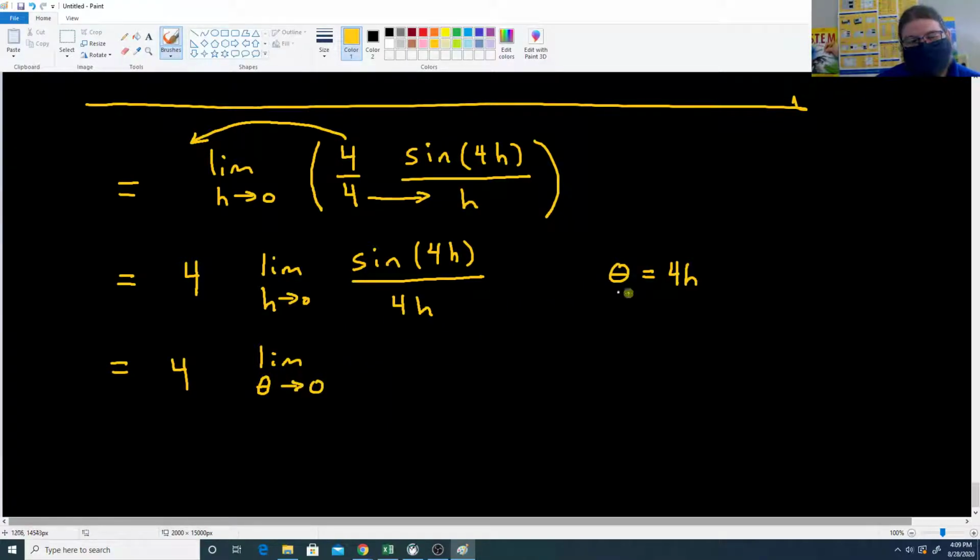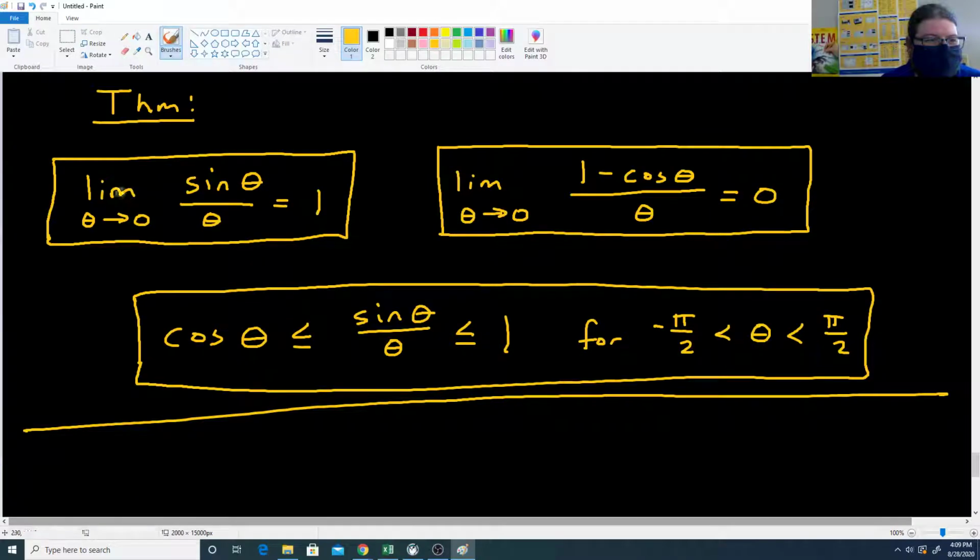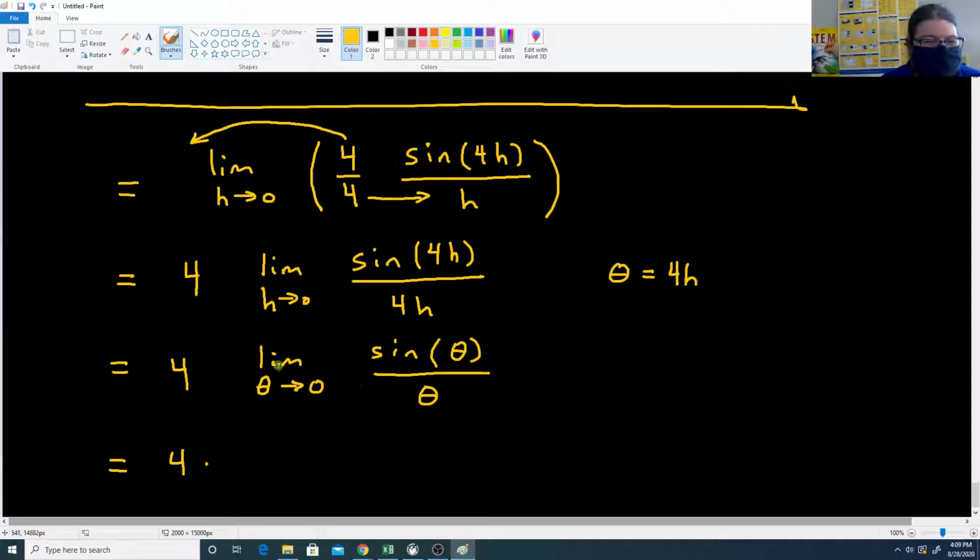Sine of 4h over 4h becomes sine of theta over theta. And then by our theorem, the limit as theta approaches 0 of sine of theta over theta equals 1. And then the overall limit here is going to be 4.